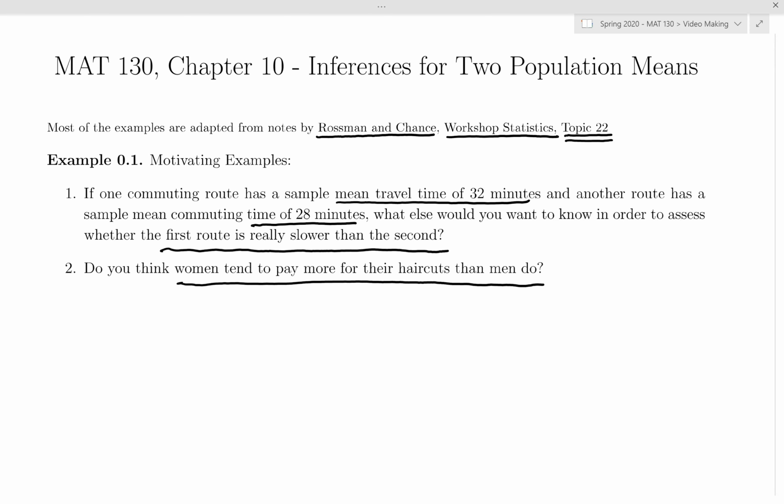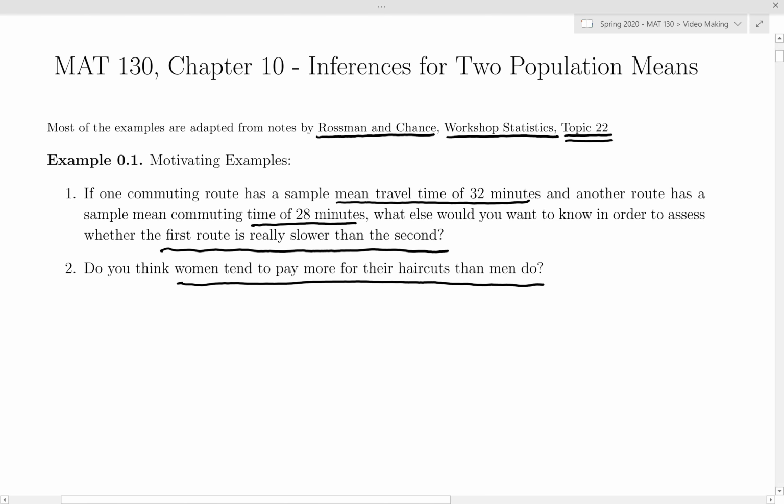Again, in this class, we're trying to make inferences about the population. So the question I have for you all at this point is, how are these two examples different from what we have learned so far? We're trying to answer a question, and we're going to collect sample data to make inferences about the population.